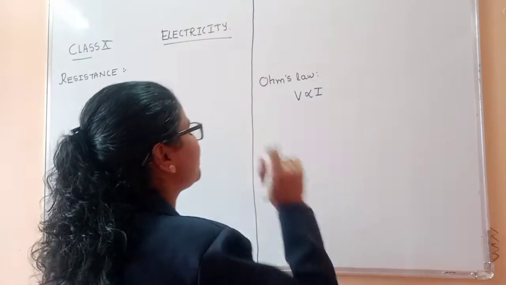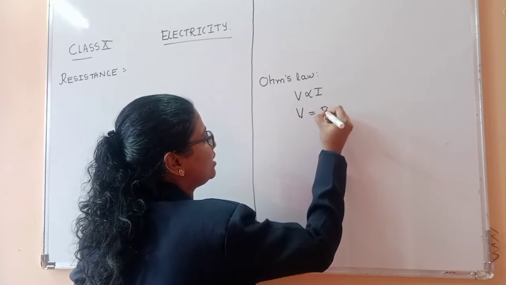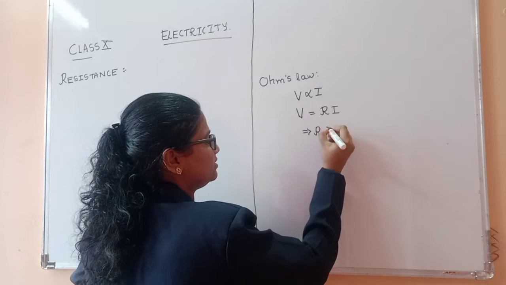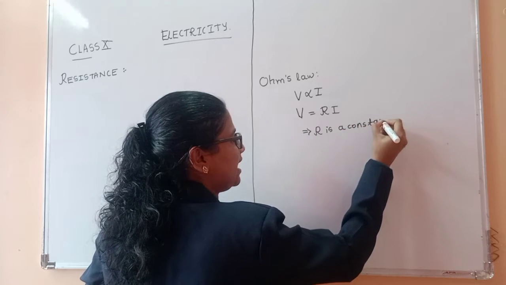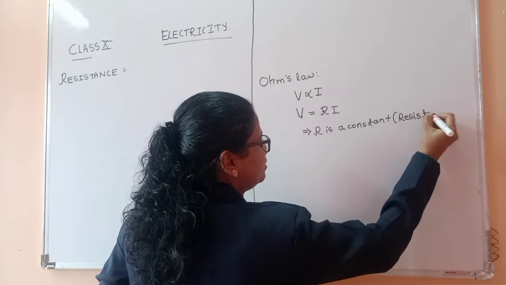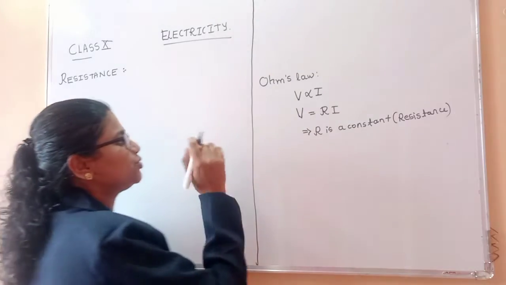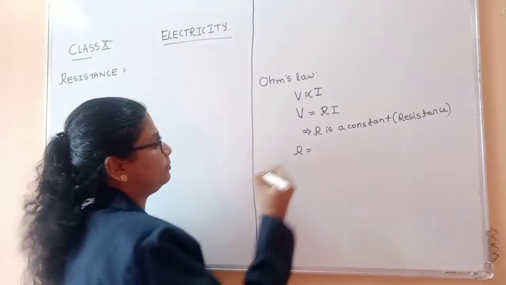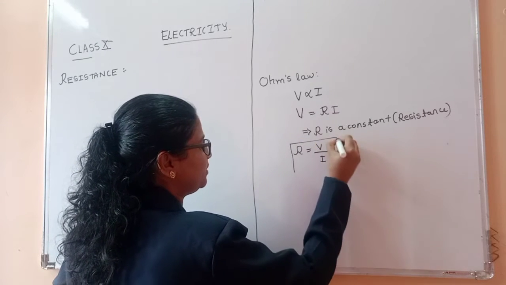This can be written as V is equal to R into I, where R is a constant, which we call resistance. Here R can be calculated as V by I. So you should keep this in mind.